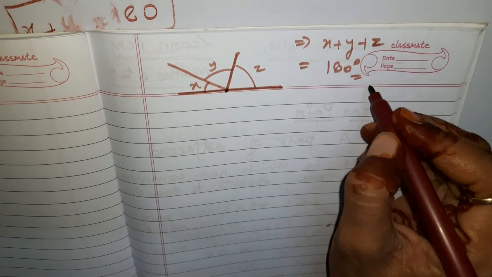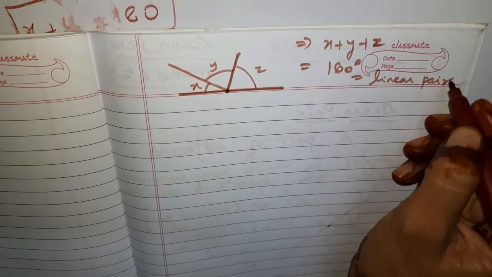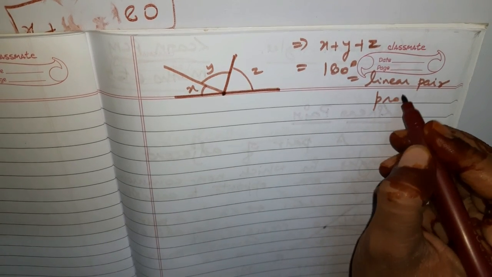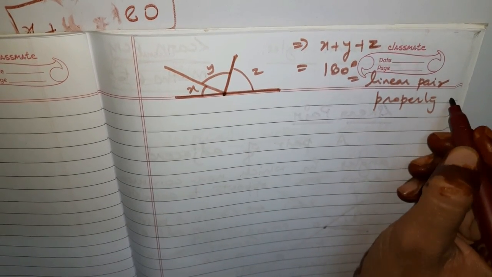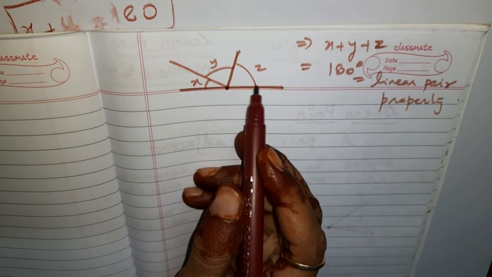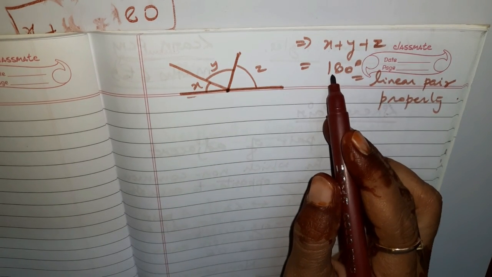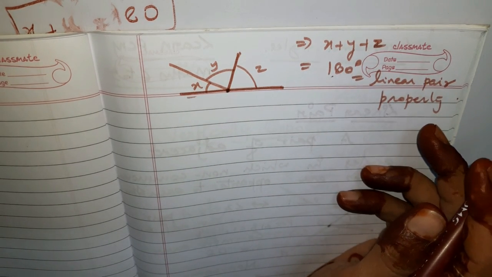Again, it comes in the category of linear pair property, or linear pair axiom. Why? Because the combination of all the angles on a straight line is going to give you 180 degrees, not more than that, not less than that.